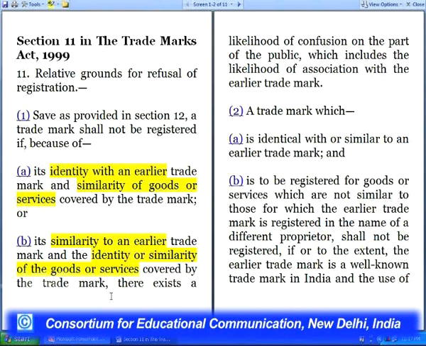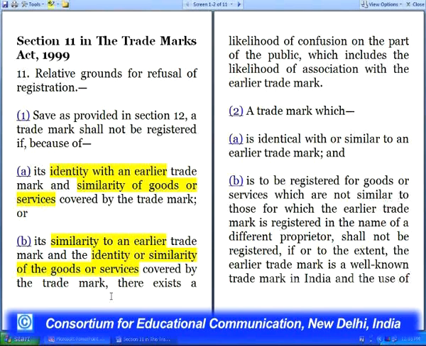That if, because of this kind of use covered under Section 11.1 and 11.2, there exists a likelihood of confusion on the part of the public, which includes likelihood of association with the earlier trademark, then that shall not be registered, because it may free ride on the reputation of the earlier trademark. It may hamper the pace and purpose of the earlier trademark.